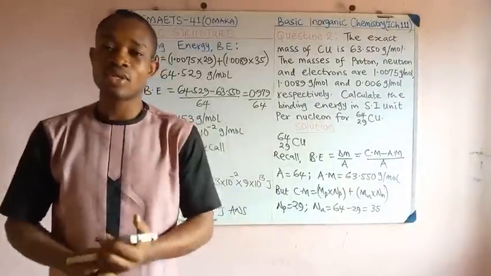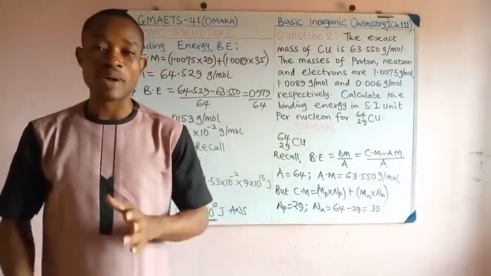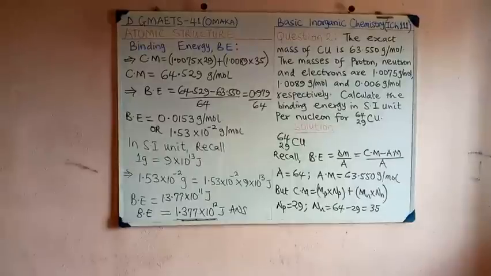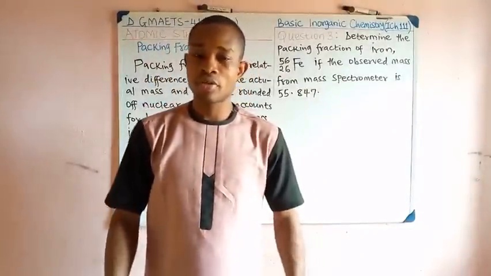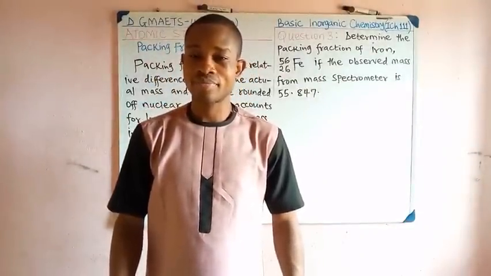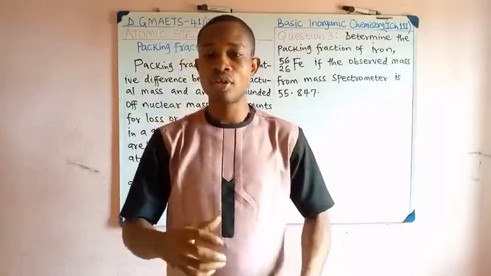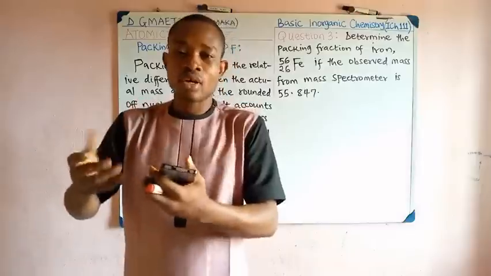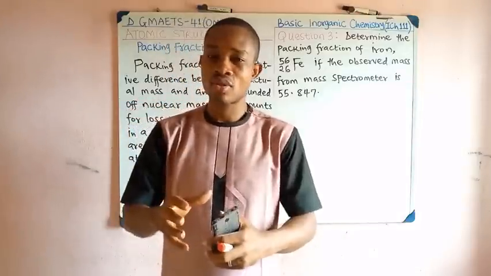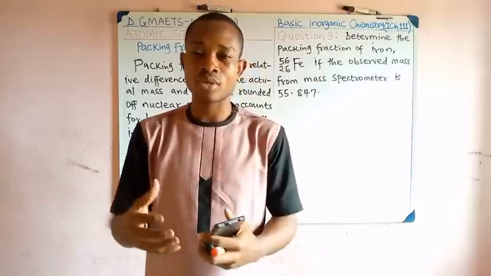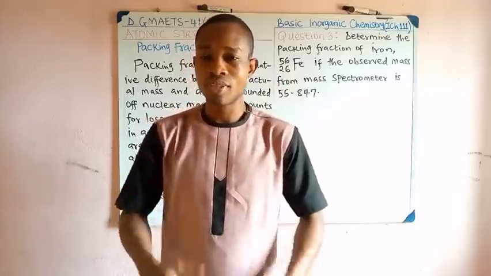In the next video, we're going to introduce the concept of packing fraction. Packing fraction is the next thing we want to look at. For an atom, the packing fraction is a measure of either the gain or the loss in total mass when these nuclear particles come together to form the nucleus.